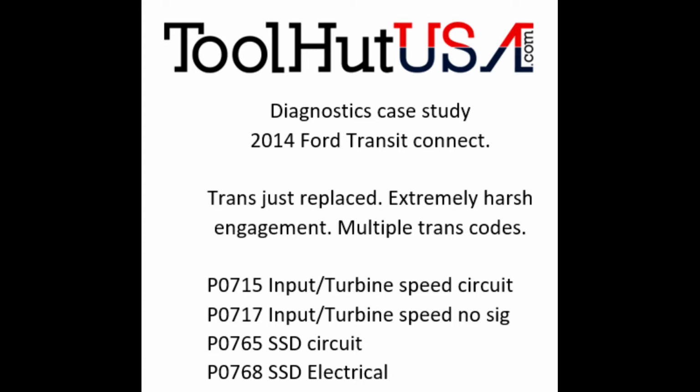So the complaint is a severe harsh engagement. If you put it into reverse, it just slams into reverse. There are 4 codes that were there before the transmission was removed, and they're back after the transmission was replaced. So I was called in to do the mobile diagnostics work. We're going to concentrate on a couple of things and go through my strategy, my thinking of how I got to where I am.